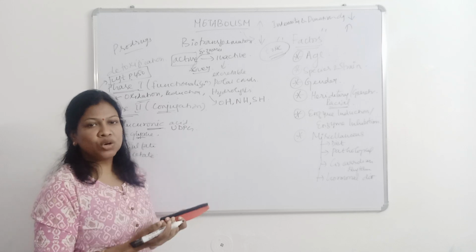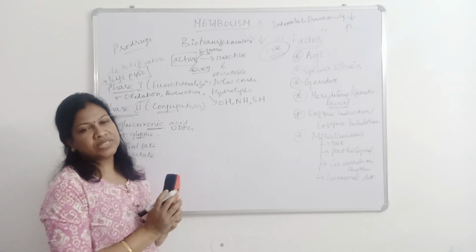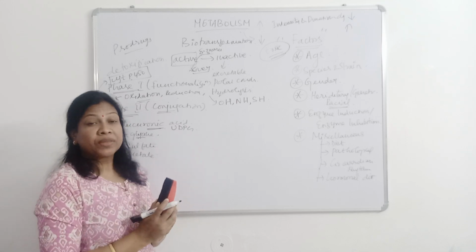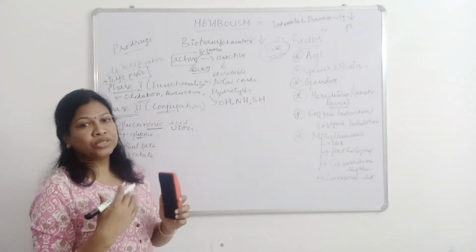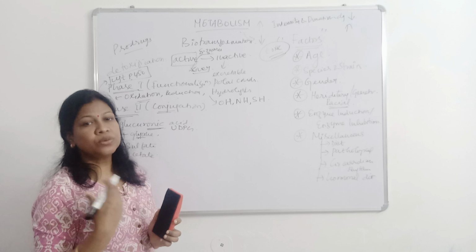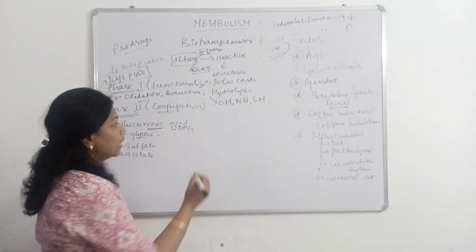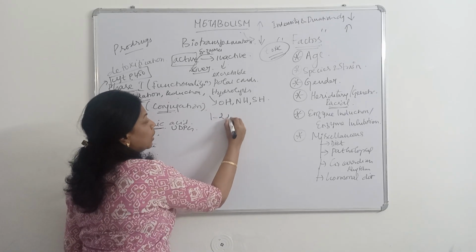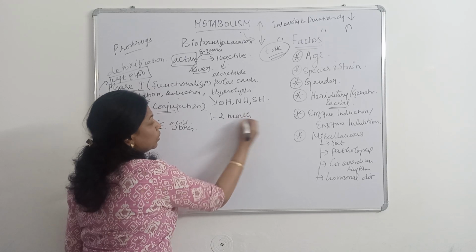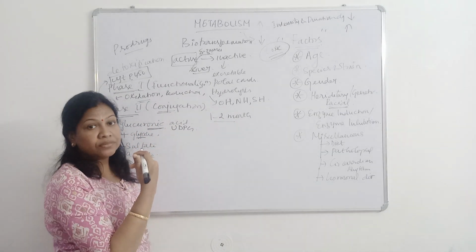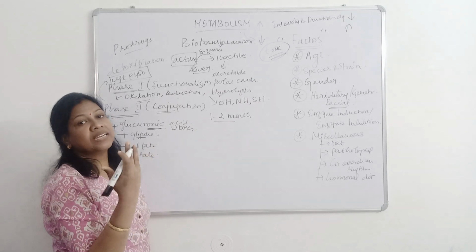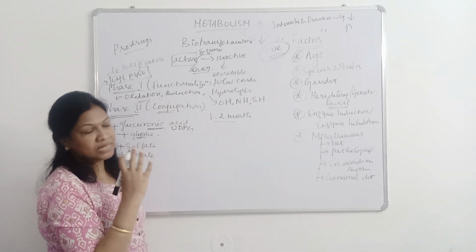When the baby is born, they will have less amount of these metabolizing enzymes. But as they grow, the metabolizing enzymes also increase rapidly, and they will attain the adult level in about 1 to 2 months. Within 1 to 2 months, the infant or newborn will attain the adult level of metabolizing enzymes.